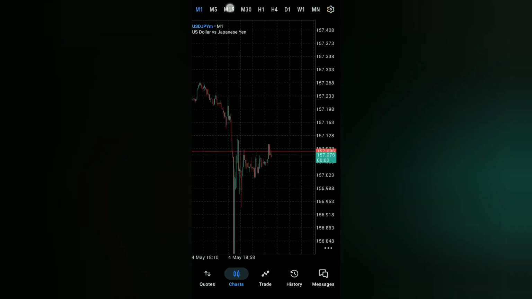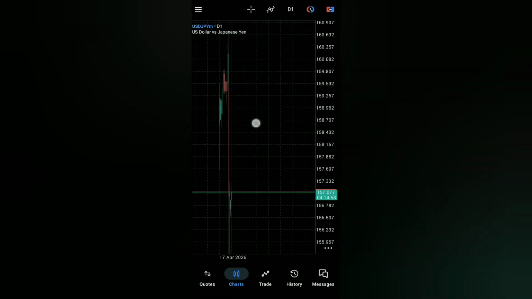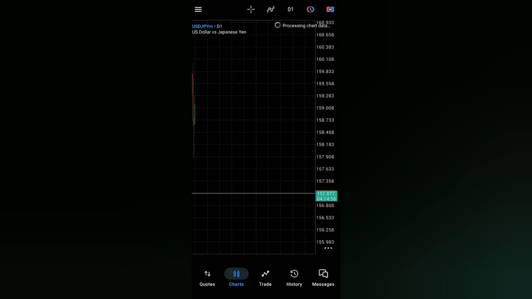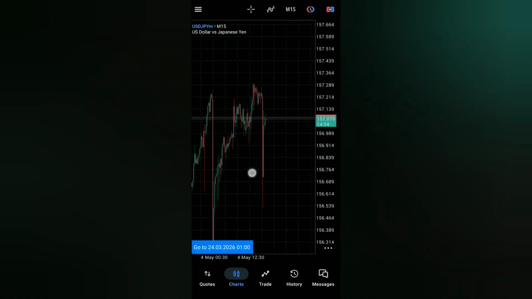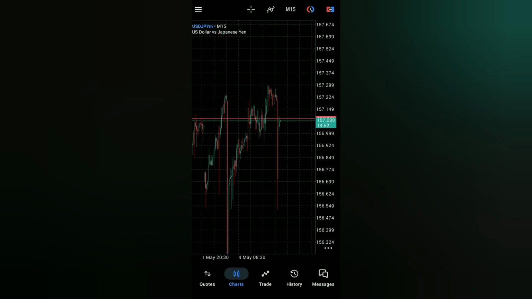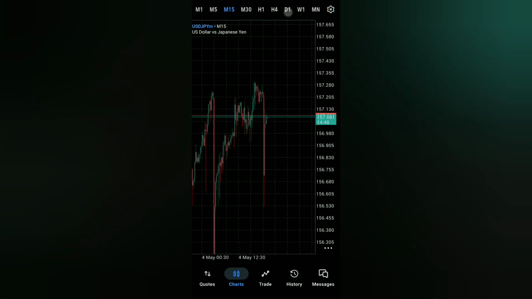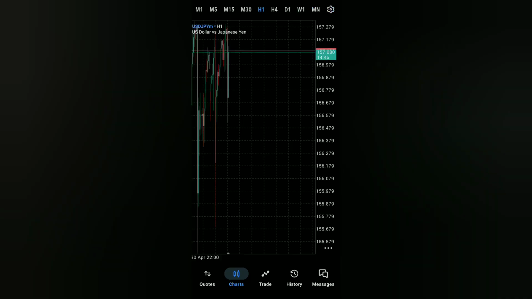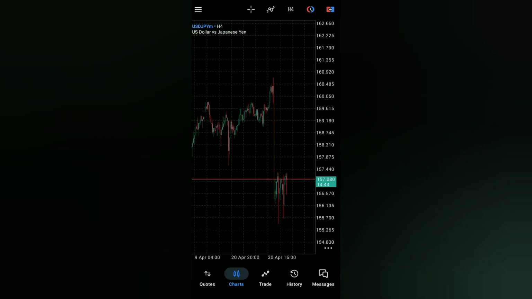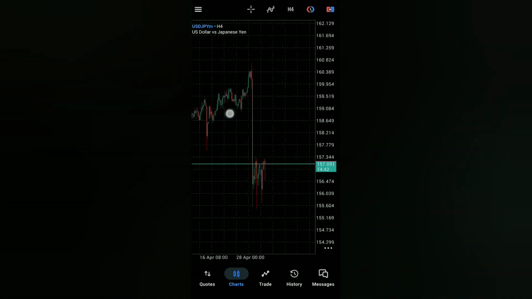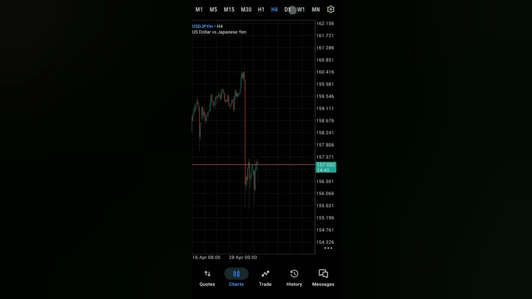If you are trading maybe the 15 minutes candle, you are more of a day trader, because you enter for some minutes, like 30 minutes, 1 hour, 2 hours, and you leave. But if you are trading something like the 1 hour or 4 hour candle, you are called a swing trader, because you are waiting for days before you leave.